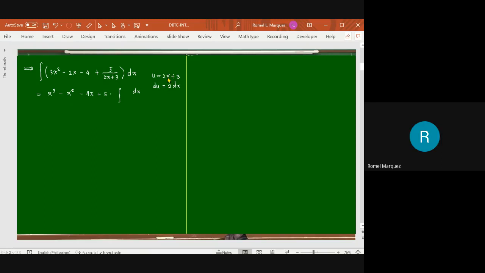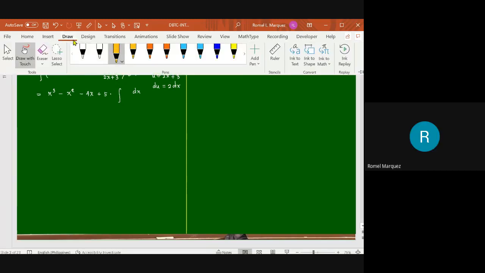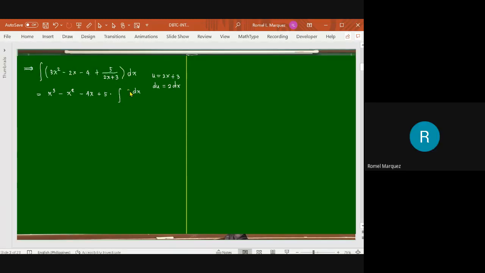What is the derivative of 2x? 2. Then dx. Okay? What I need to supply in the numerator? I need to supply 2. And then outside, balanced by 1. Okay? So this now becomes 2 dx over 2x plus 3.